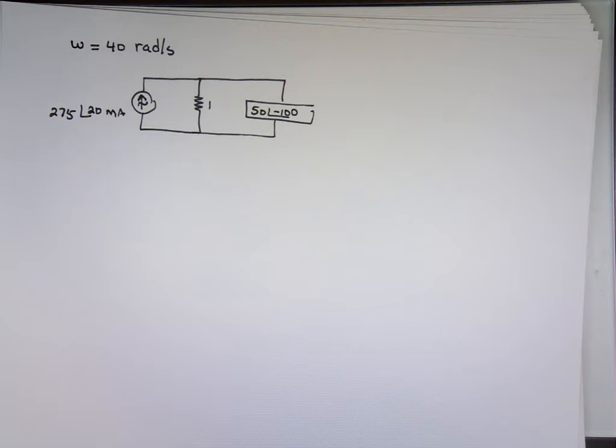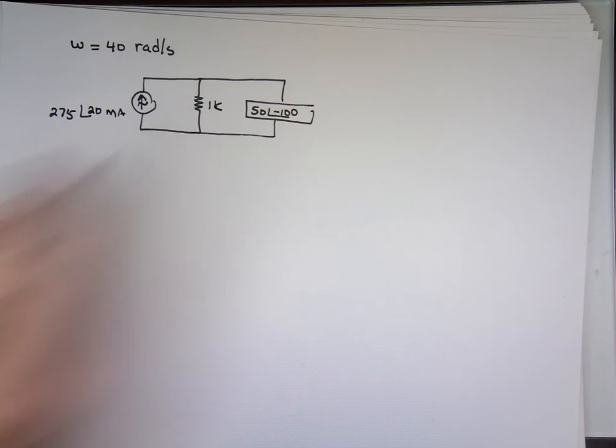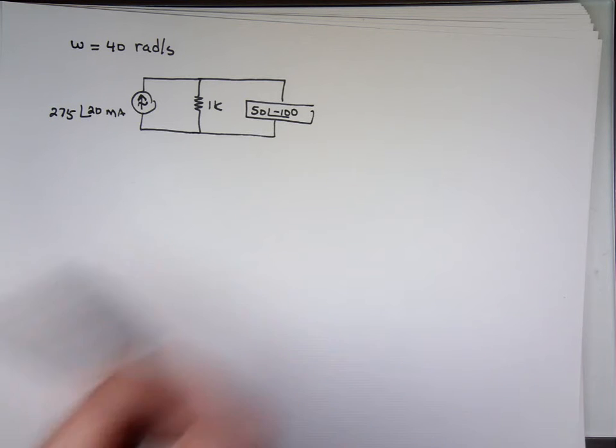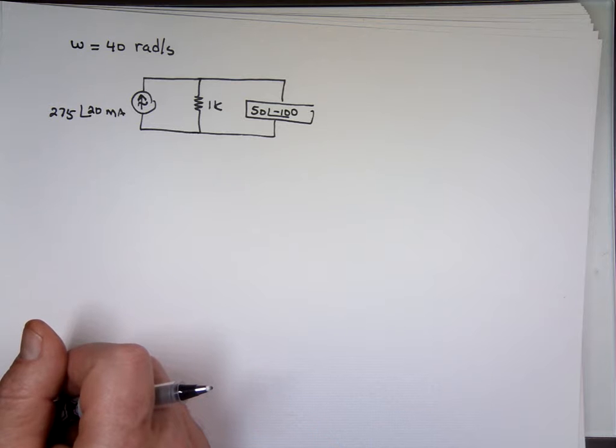Calculate the instantaneous power delivered to the load. Oh, that's a 1K, I think, not 1 ohm, 1 kilo ohm. Delivered to the load. Instantaneous power, okay. The average power delivered to both, meaning I say both to this, and the power factor at which the source is operating.